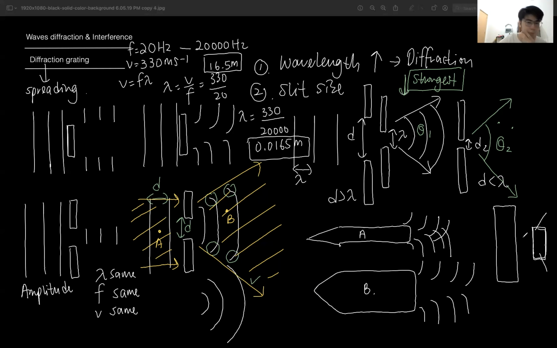Radio waves, microwaves, radio transmission. The radio transmission usually uses long wavelengths. And with longer wavelength, what happens? They diffract easily, right? So longer wavelength diffracts easily, which means it's very easy to pick up the signals over the hills, over the mountains, or at the side of a building.